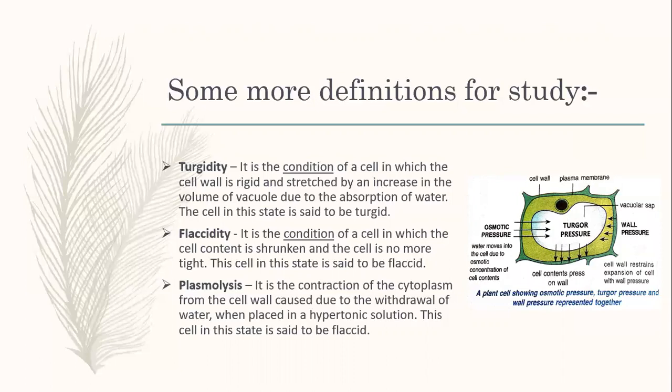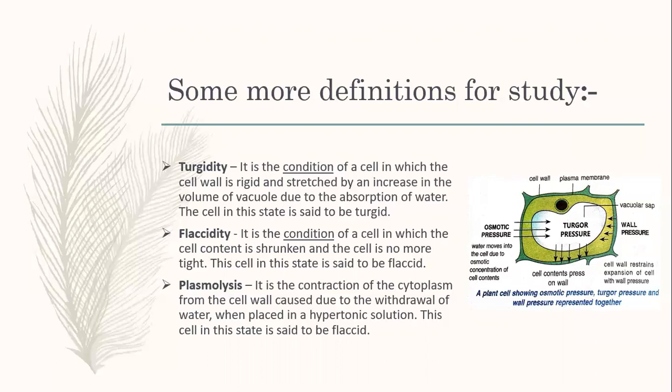When a plant cell is kept in salt solution for a few minutes, it will lose its distended condition because the cytoplasm shrinks and the cell membrane withdraws from the cell wall. This shrinkage from the cell wall is called plasmolysis.